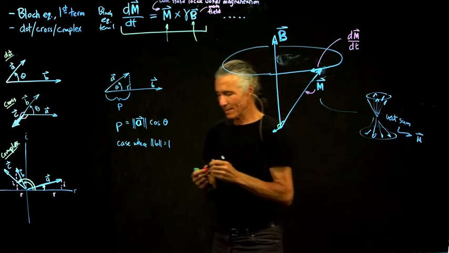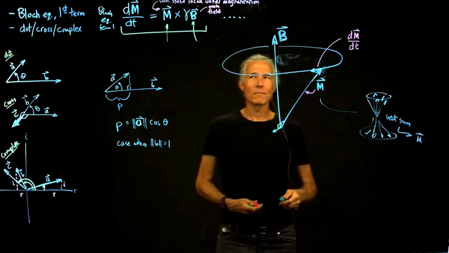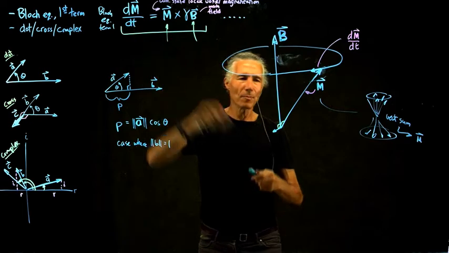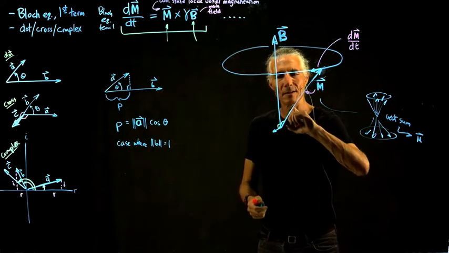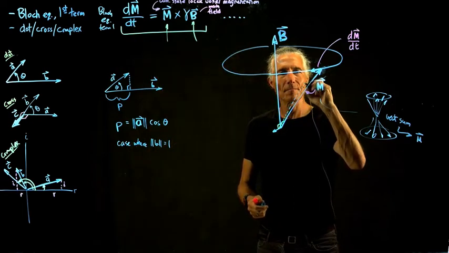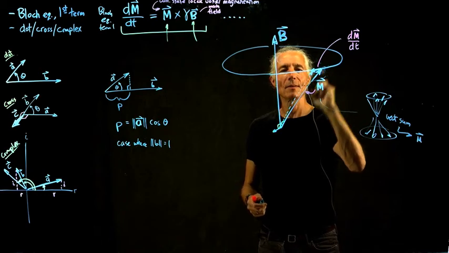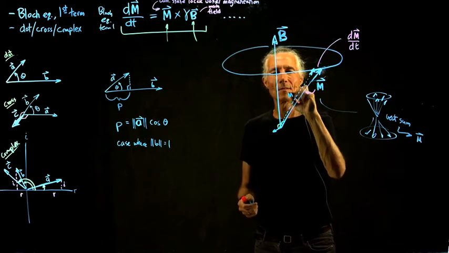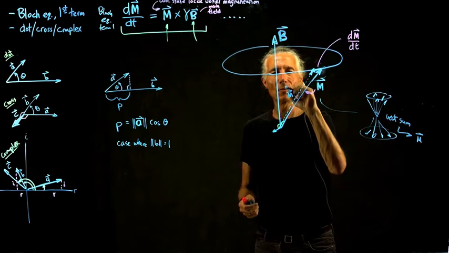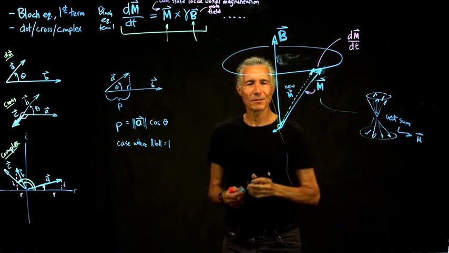And so what does that say? That says at a slightly later point in time, we're going to get this vector, this dotted one. So this is m vector new. So there's the new m vector.